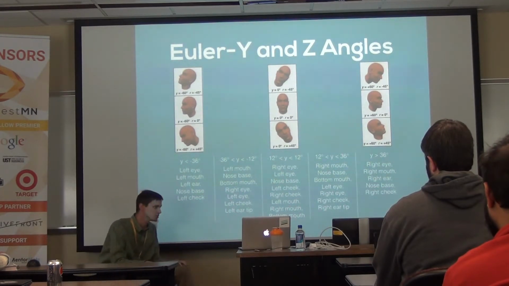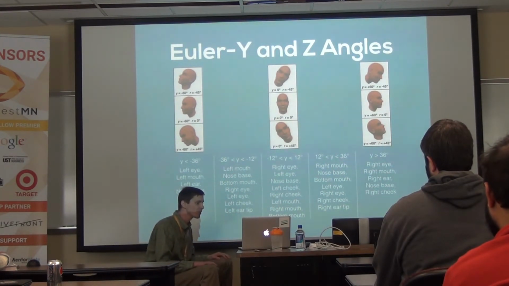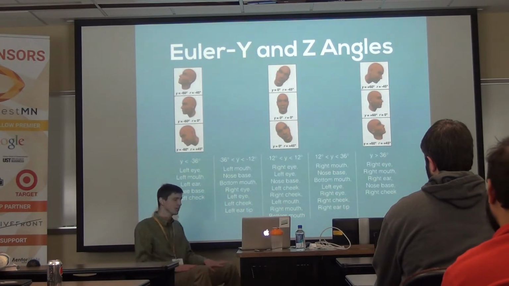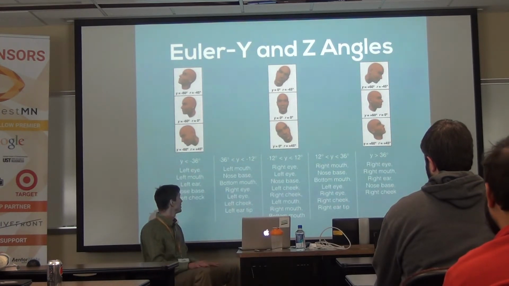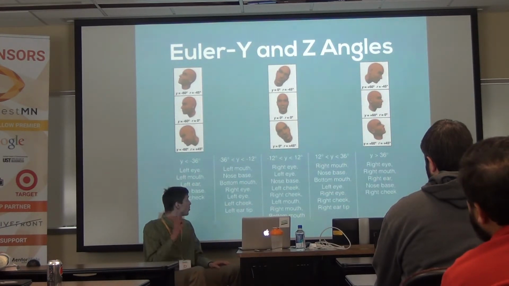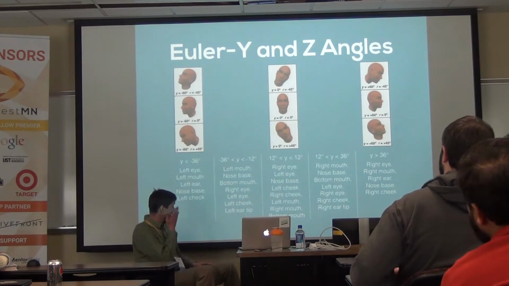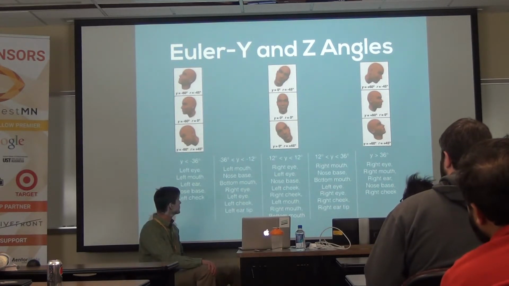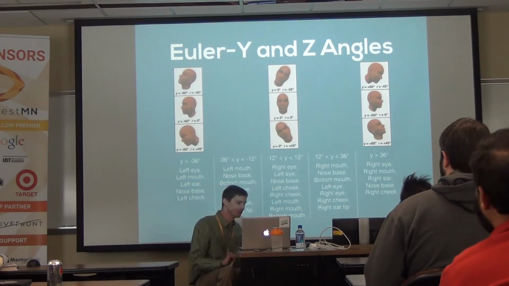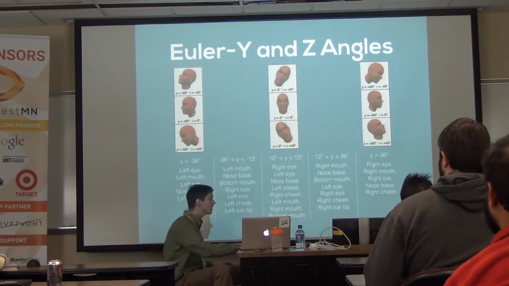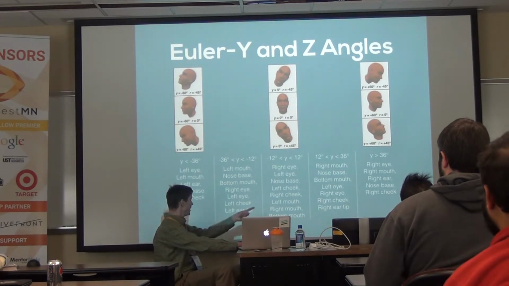You're always going to get the nose just because it always sticks out. As your face moves in, you're going to gain some more of the right side of your face. So if you're between minus 12 degrees and minus 36 degrees, you're going to get the right eye at that point. Straight down the middle, as we see in many of the pictures of my daughter, you don't get any ears at all.